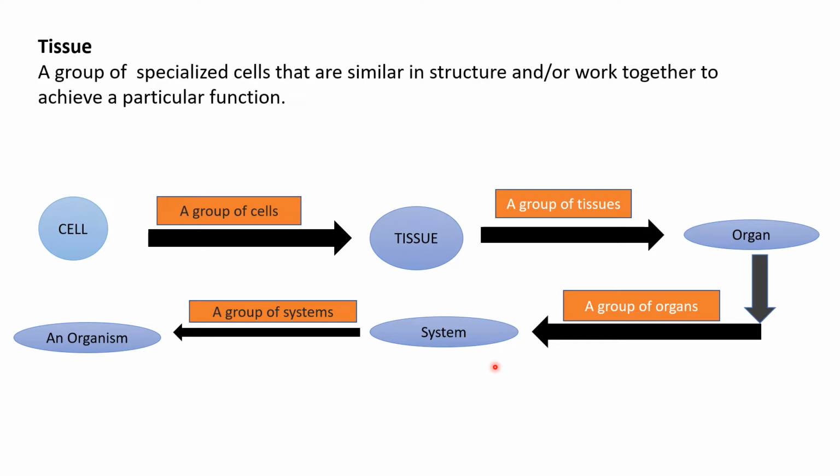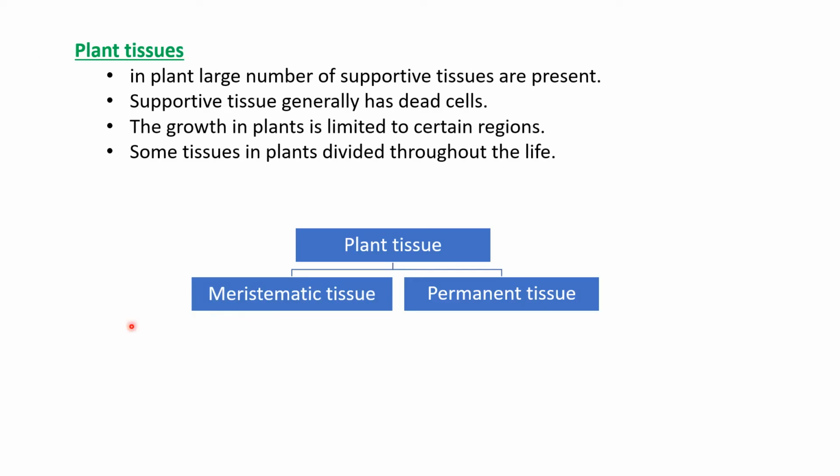We are inhaling oxygen and exhaling carbon dioxide. For that also some organs are required, that is the respiratory system. And then when some systems are performing together in a particular body, then it will form an organism. Now come to the animal tissue.